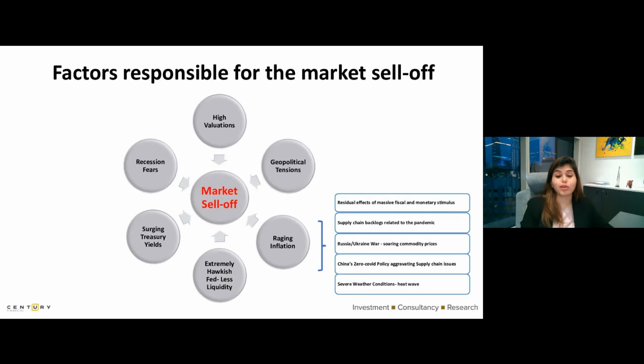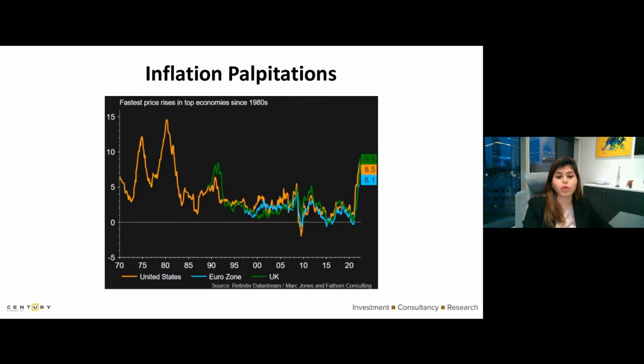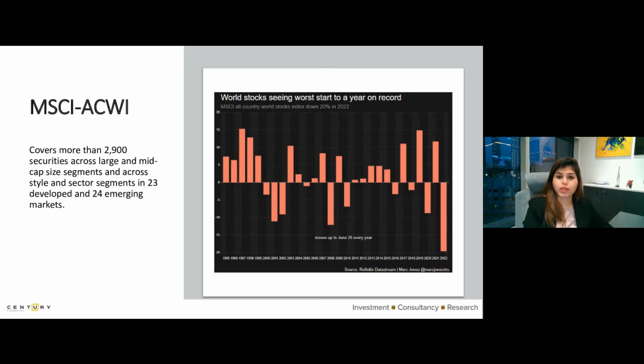Now, we've been using the term recession to such a great extent. Also, I would just like to show you this slide, this is the MSCI All Country World Index. This is basically tracking more than 2,900 securities across the large cap and mid cap segments, and this year the index is already down by 20%, which has been one of the worst starts to a year on record since 1980.